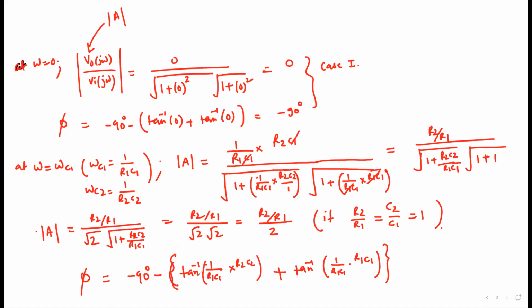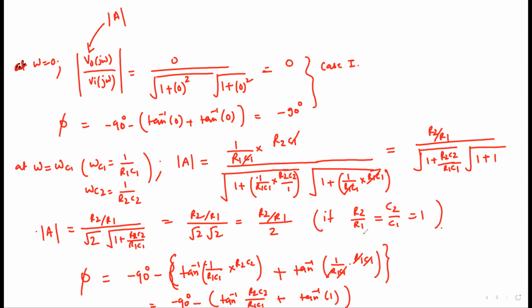Okay. So what we see here is minus 90 degrees, minus tan inverse of R2 C2 divided by R1 C1, plus tan inverse of 1, because these two terms get cancelled right here.